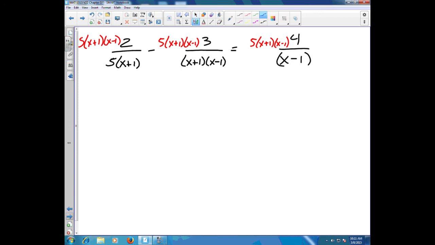So now the factors in the denominators are going to cancel. 5 and 5 cancel. X plus 1 and x plus 1 cancel. And what we're left with is just 2 times x minus 1.